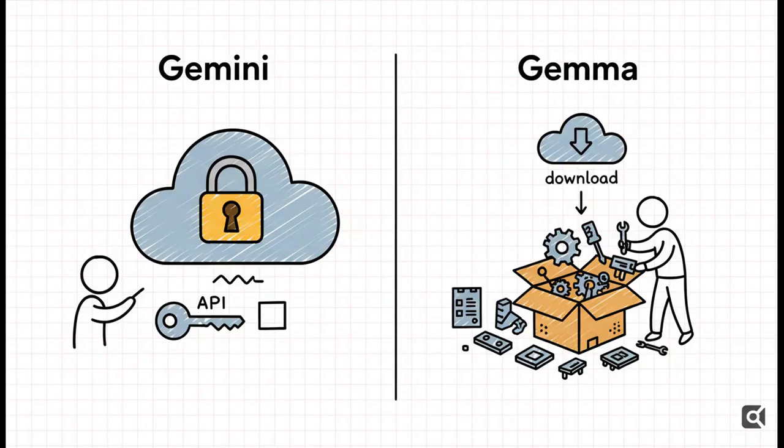All right, you absolutely have to know the difference between Gemini and Gemma. It's simple, really. Gemini is the all-in-one, managed by Google solution. You access it through an API, and it has cool features like grounding already built in. Gemma, on the other hand, is the open-source, do-it-yourself version. You can download it, run it on your own machines, and customize it, but you have to build all the integrations yourself.